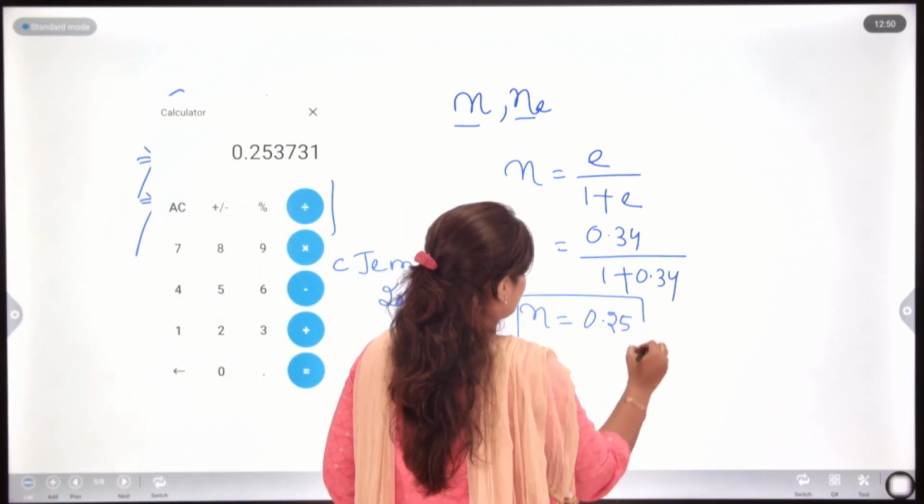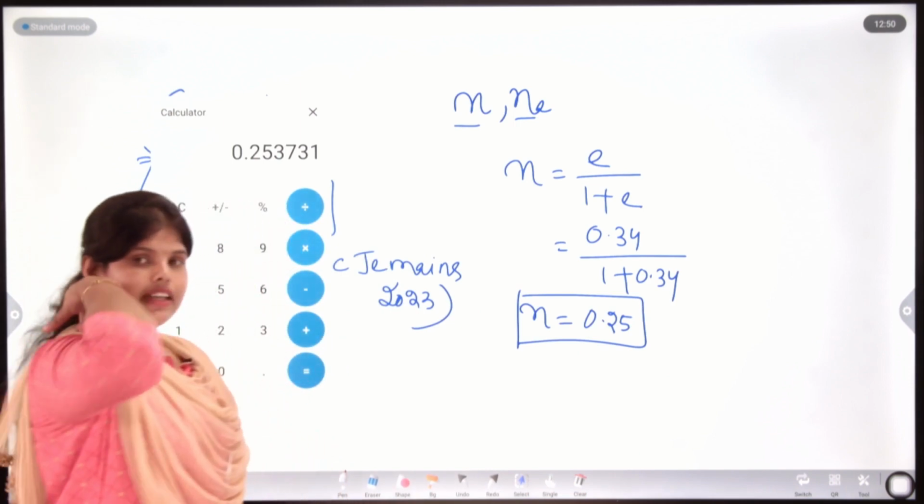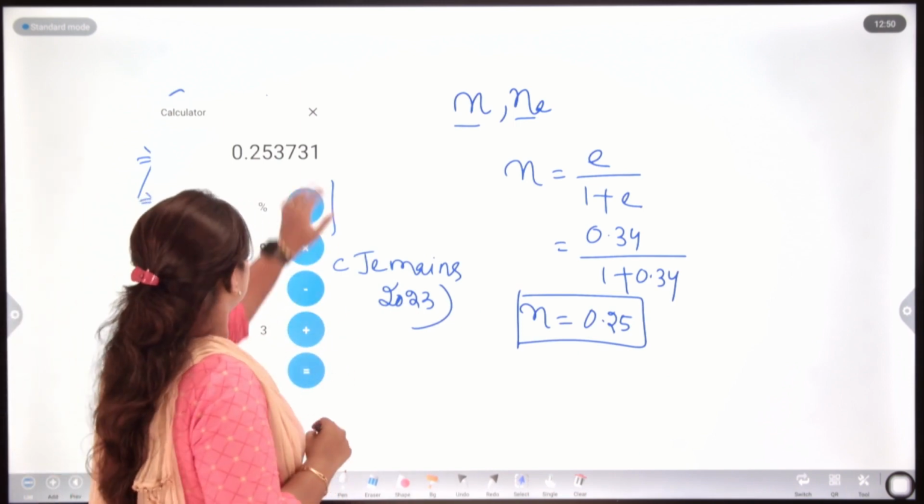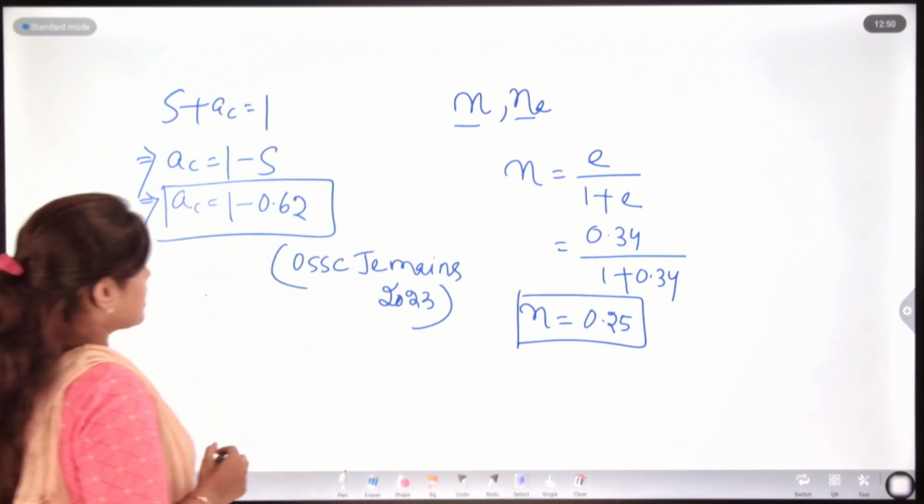By taking this eta and AC value, we can calculate percentage air void.